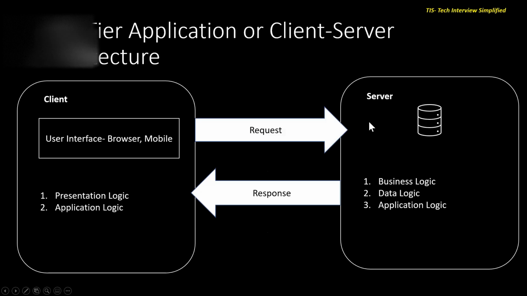In this type of architecture, the presentation layer or the user interface, which is nothing but the client, could be a browser, a mobile app, or anything. So the user interface layer runs on the client side, while the data layer runs, or gets executed, on the server side. There is no business logic layer or intermediate layer in between. And this is what a two-tier architecture is.